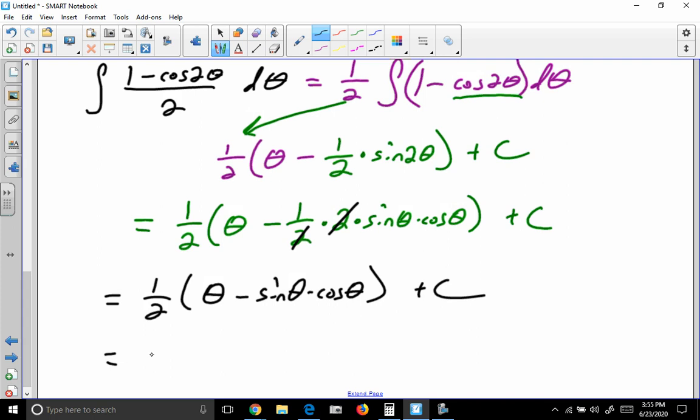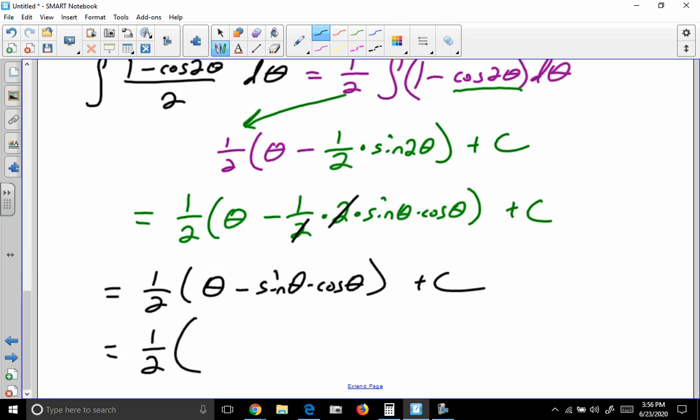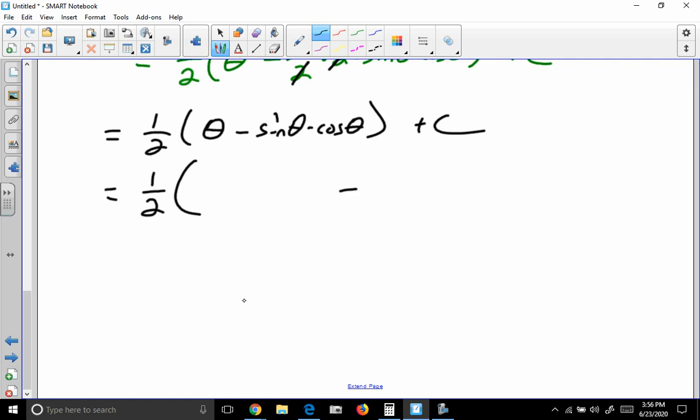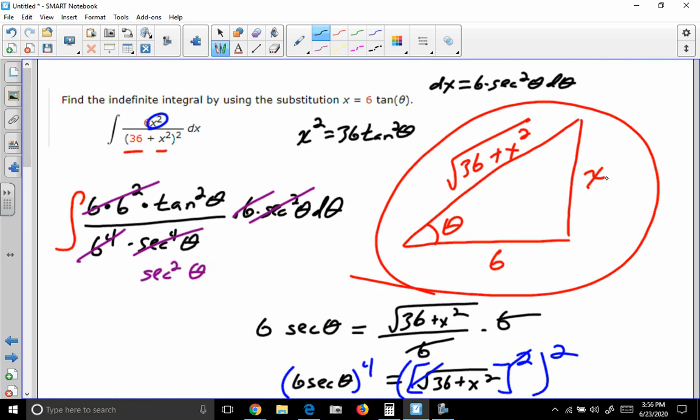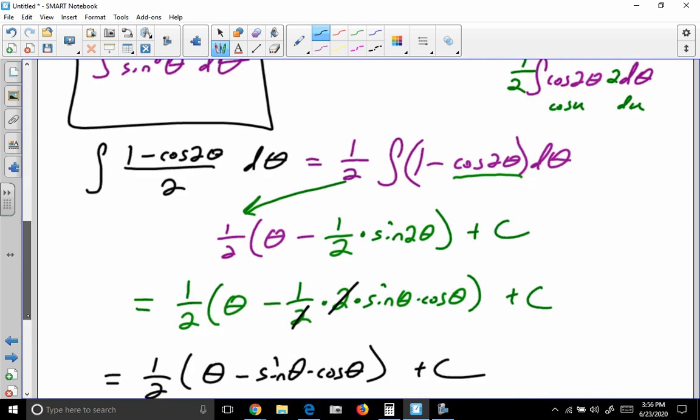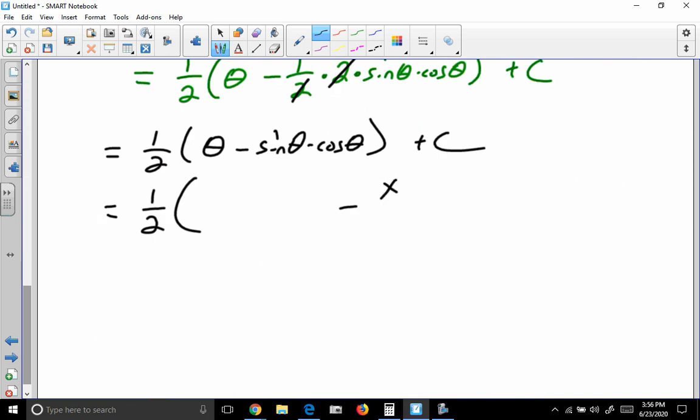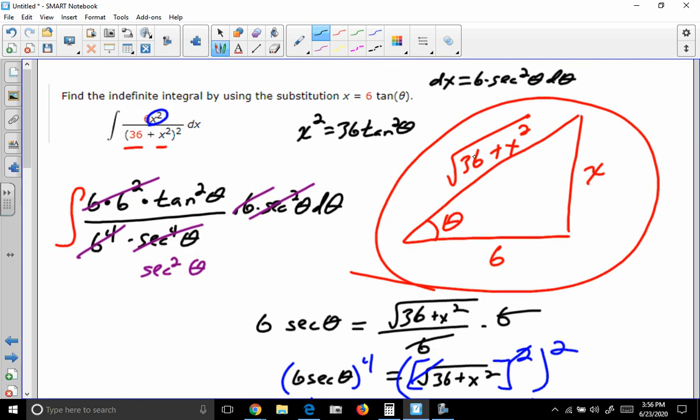So let's start with, we're going to come back to the theta. Let's start with sine. So on this triangle, sine is x over the radical, x over the square root of 36 plus x squared. Cosine using the triangle is 6 over the radical.